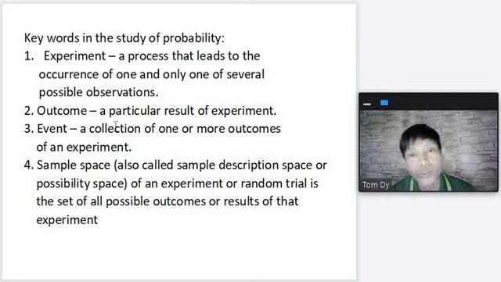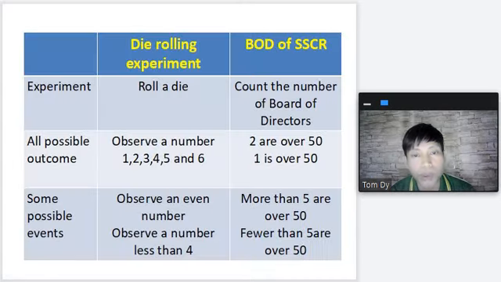Now, to familiarize ourselves with these words, we have our example. When a die is rolled, or a die rolling experiment, when you roll a die, that is an example of an experiment. And then for the Board of Directors of SSCR, when you count the number of Board of Directors, that is also an example of an experiment.